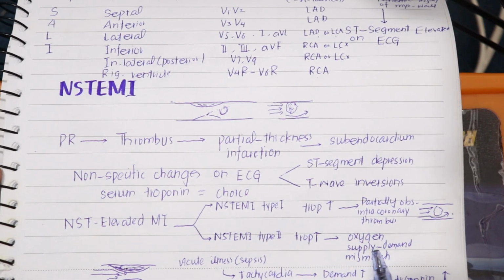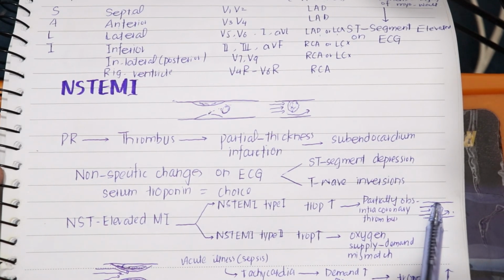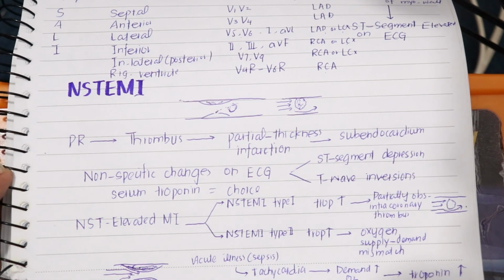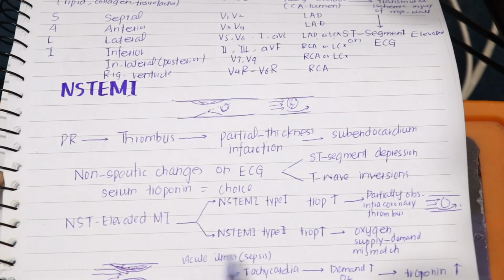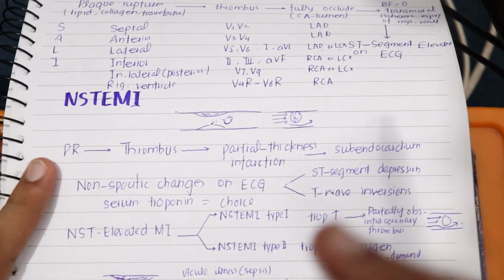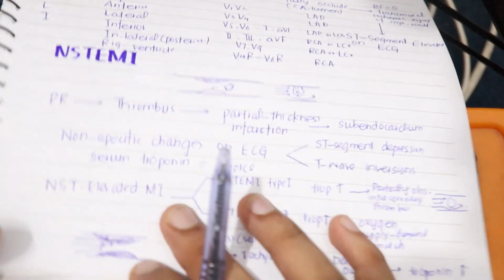What does this mean? It means that the patient is not having a thrombus from plaque rupture. What happens? The patient is in an acute illness like sepsis. The patient has arteriosclerosis.